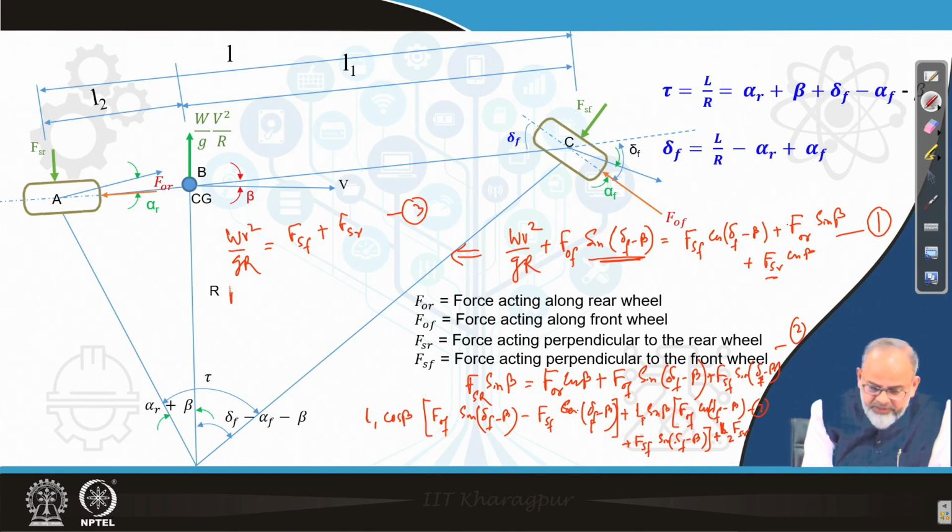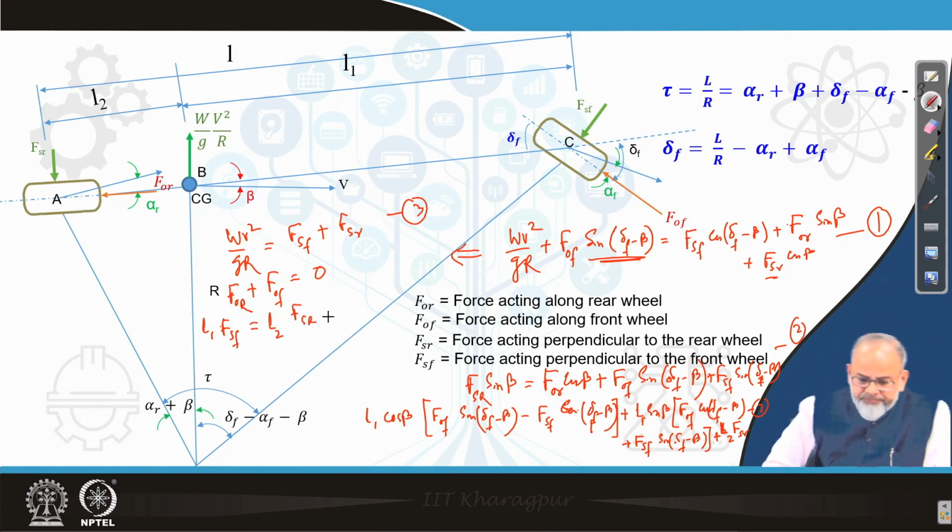So, that means F_or plus F_of will be equal to 0, and from the moment equation what you get is L1 into F_sf equal to L2 into F_sr.